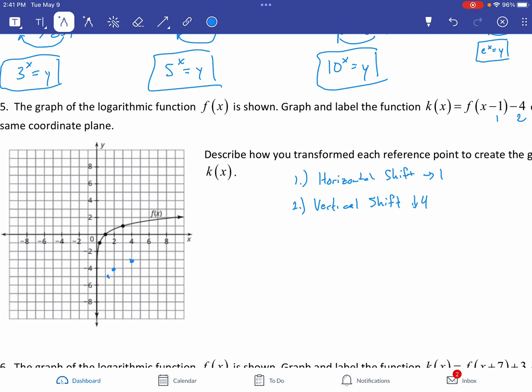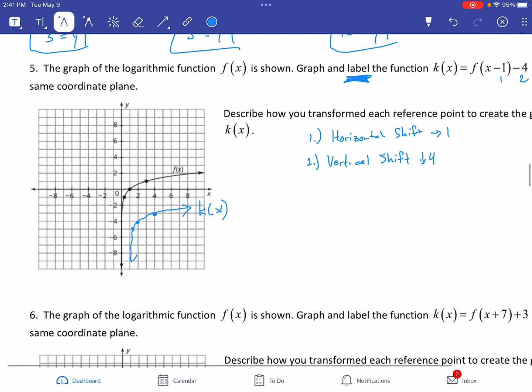So here's my graph. Okay, notice that you don't go past the 1 value because that's how much my graph moved over by. And that's my new graph. I'm going to label it k of x. Okay, notice it does say graph and label, which is why I had to label the function. So please make sure you do that on the test.